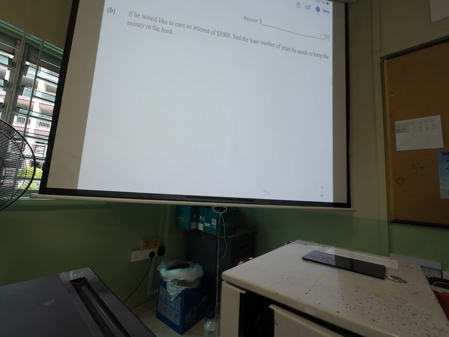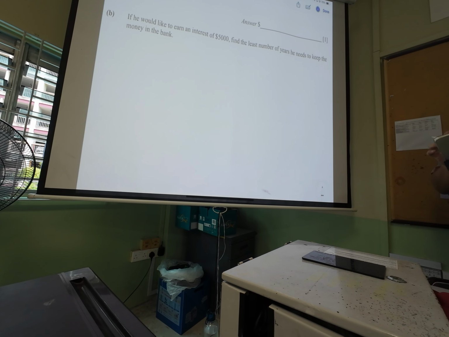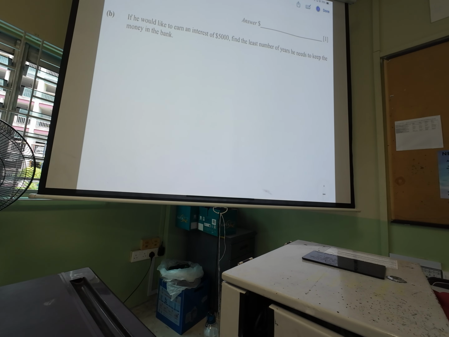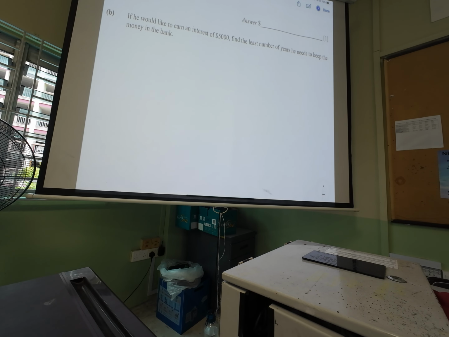If you would like to earn an interest of 5,000, find the least number of years he needs to keep the money in the bank. Okay? So this one has to go back to he wants 5,000. Then every year get how much? Correct? So we have to find the interest of 1 year.